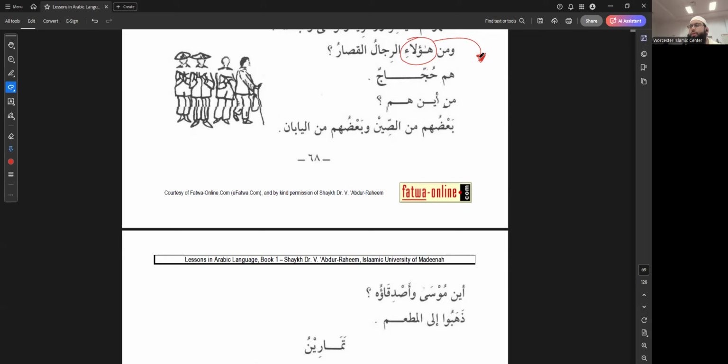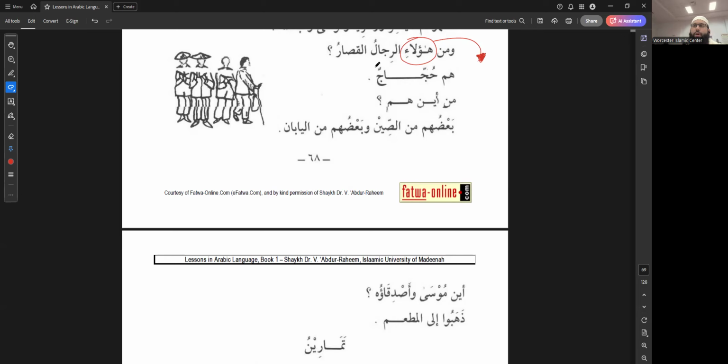Most of them are for non-aql. When you have a group of people and you're doing ism al-ishara, if they're close by, you use هؤلاء. That means these. Ulaika means those. Very good. وَمَنْ هَؤُلَاء, and who are these?